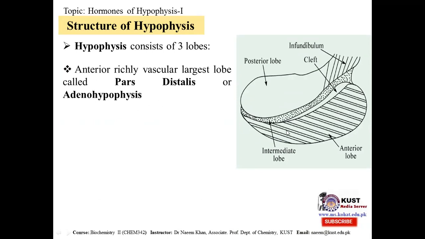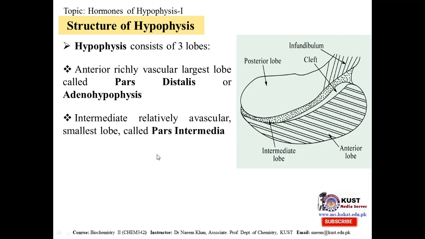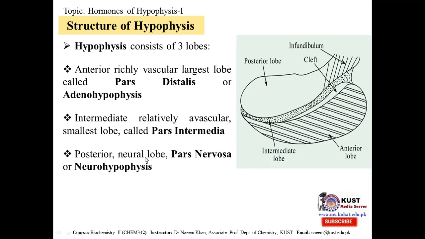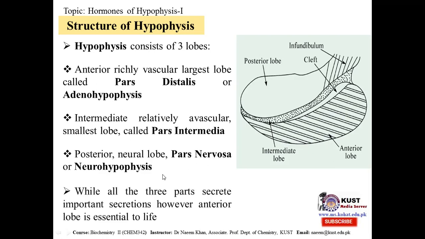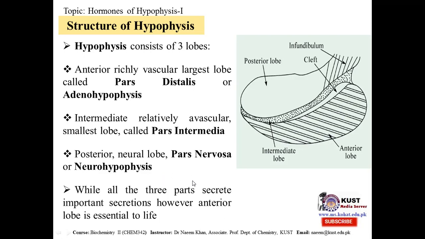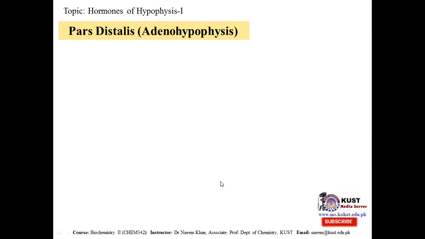The intermediate lobe, which is smaller, is called pars intermedia. The posterior lobe is the neural lobe, made up of nerves, called pars nervosa or neurohypophysis. While all three parts secrete important secretions, the anterior lobe is the most important one, releasing important hormones that are essential for life.